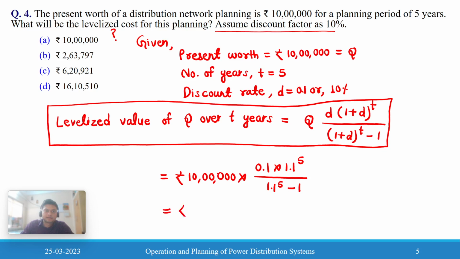Then we will get rupees 10 lakh into 0.2637797. Upon multiplying this, you will get the levelized value of money as 2,63,797. So the correct option is B.